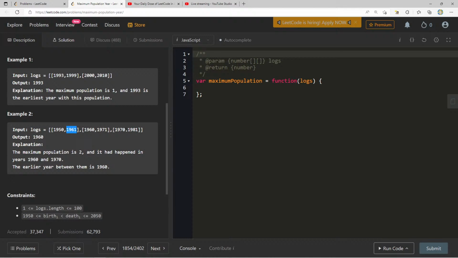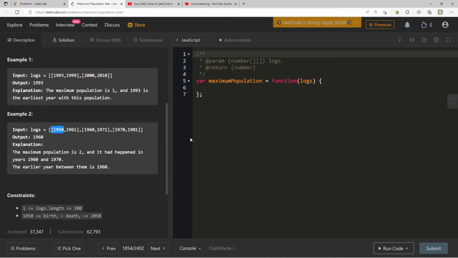Oh, right. As long as that's true, we increment by 1. Now this one, 1960 to 1971. So this is 1970 to 1971. It's not 3, because this person didn't live from 1950 to 19, okay.